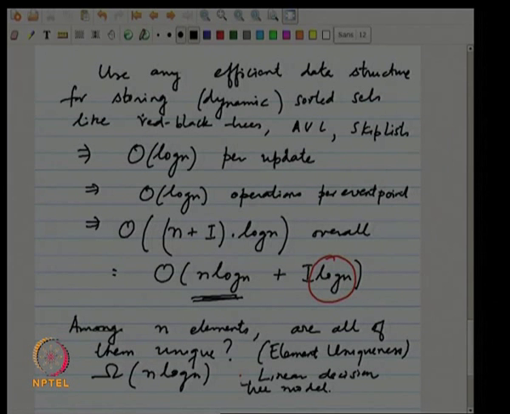In sorting we are constraining ourselves to a very special kind of linear decision, that is, if xi is less than xj, just comparison. Comparison is a special case of a linear decision tree model. But since we are in the domain of geometry, we should not restrict ourselves to just that.